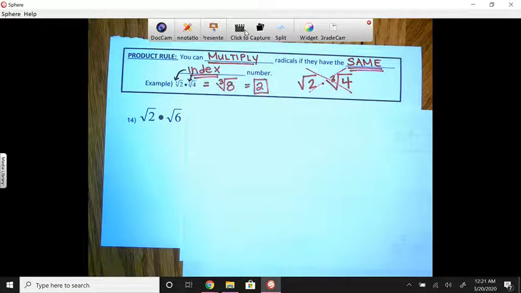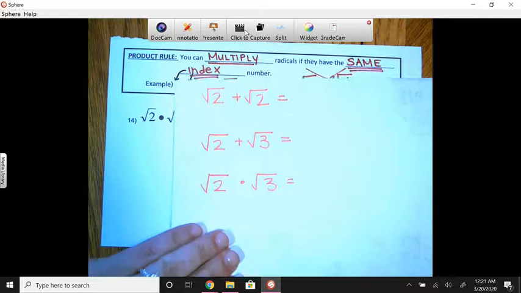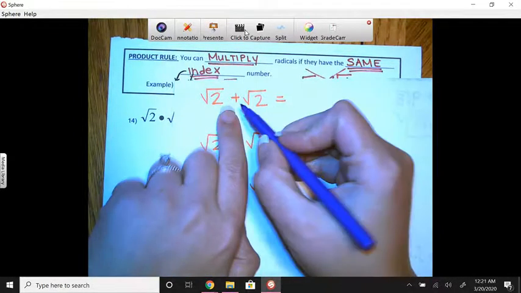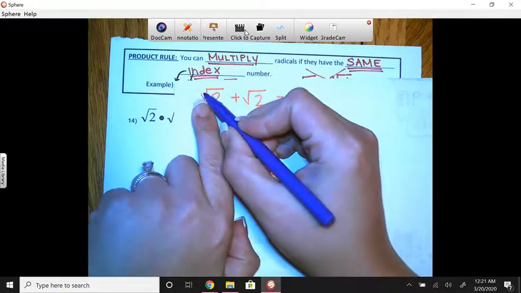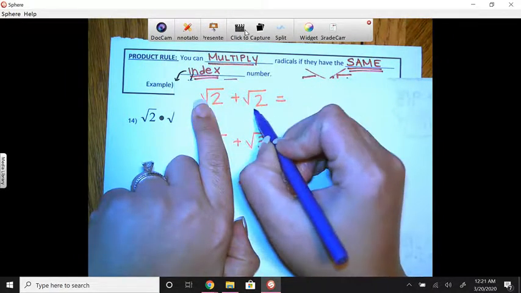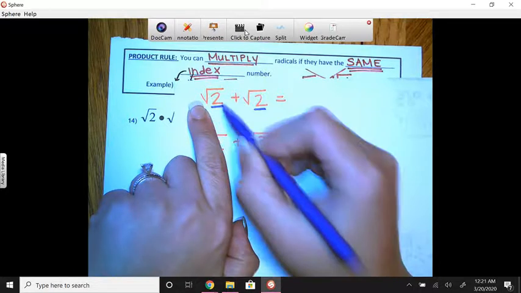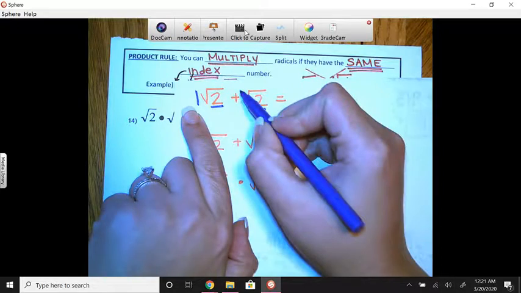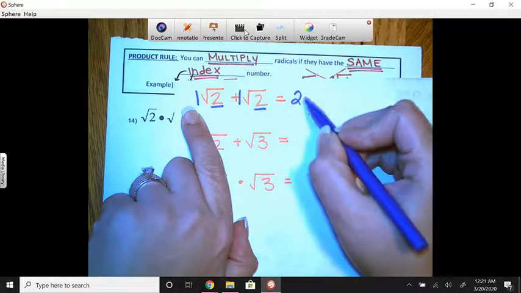So to recap, in the previous videos, we learned how to add and subtract radicals. When we're adding radicals, they have to have the same index number and the same number inside the radical. So this would be 1 radical 2 plus 1 radical 2, it would equal 2 radical 2.